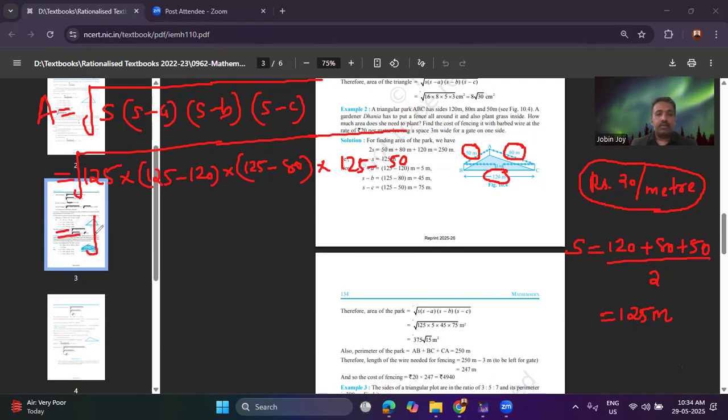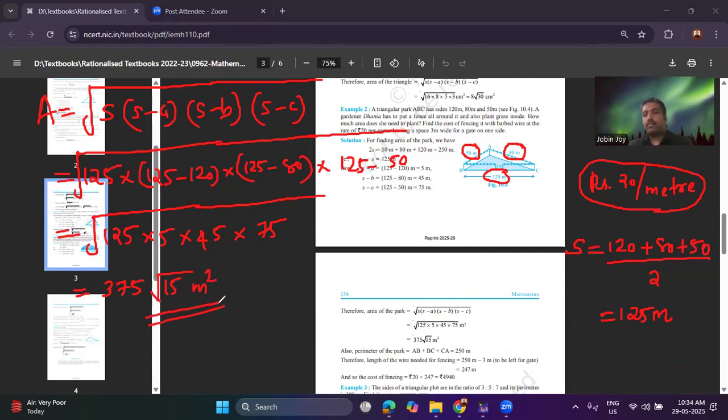So that is equal to square root of 125 into 5 into 45 into 75, that is 375 square root of 15 meter square.